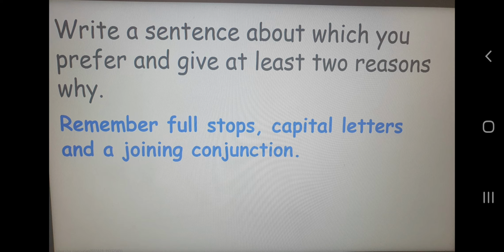When you are writing your sentences, remember full stops, capital letters, and a joining conjunction. A joining conjunction is a word that can join 2 short sentences together. For example, because, also, however.